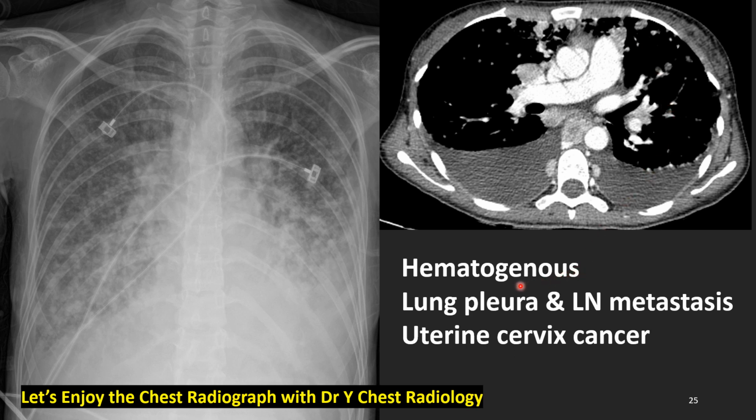Hematogenous metastasis usually does not come alone. In many cases, it has companions: lung metastasis, pleural metastasis, lymph node metastasis. So she has lung, pleural, and lymph node metastasis with bilateral pleural effusion, probably malignant effusion, from uterine cervix cancer.